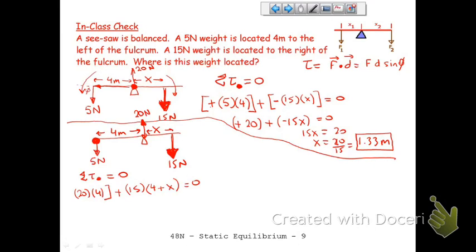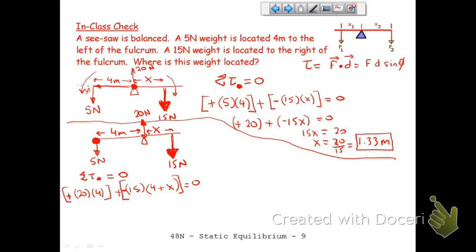That 20 is causing it to go in a counterclockwise direction, so that's positive. And this 15 is getting it to go in a clockwise direction, so that's negative. Now that makes sense. My torque caused by my 15 newtons is a negative torque. My torque caused by my 20 newtons is a positive torque. Add them together, I get 0.